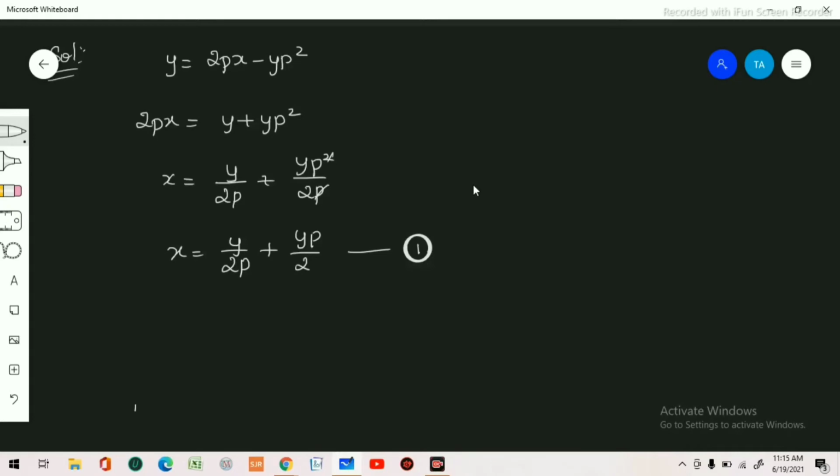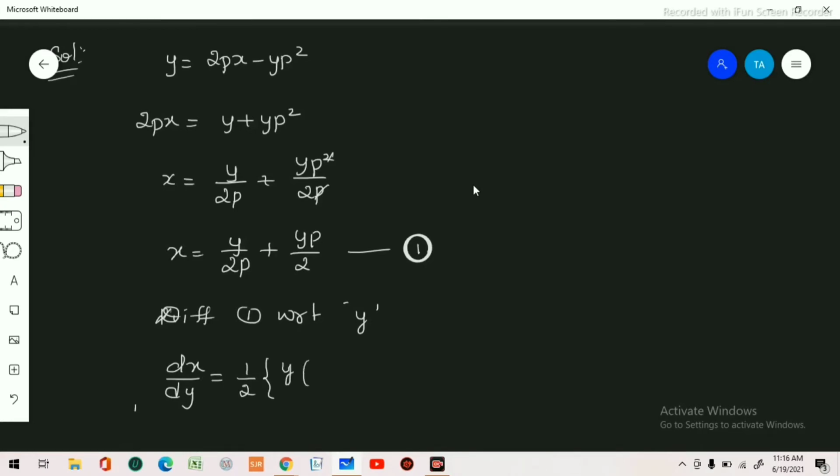Step 2. What was step 2? Differentiate 1 with respect to y. So I'll find out now dx by dy. See how I'm doing now? I'm keeping that half constant outside. First function I will take as y.